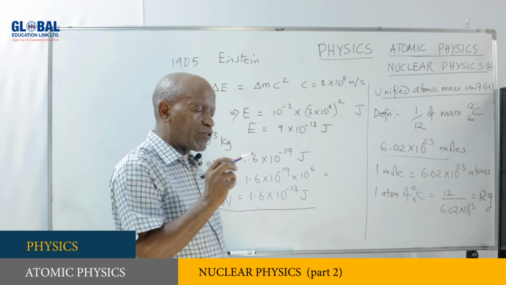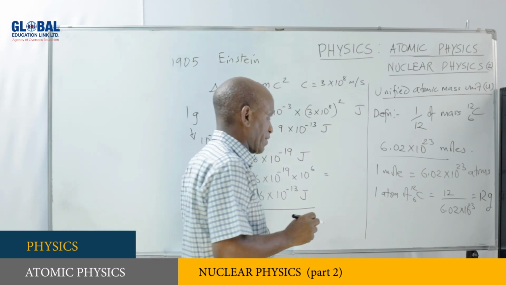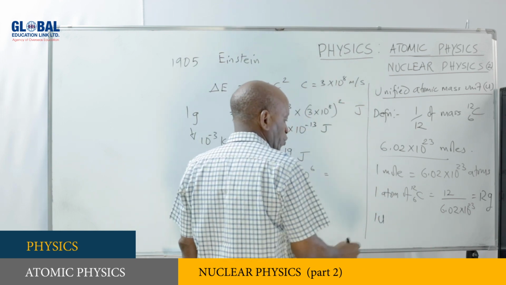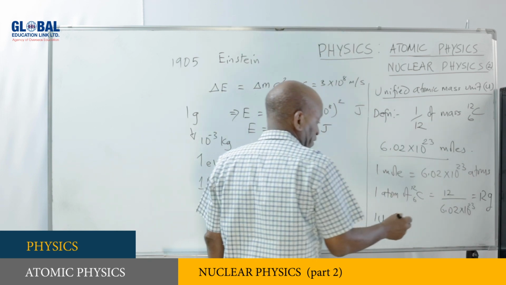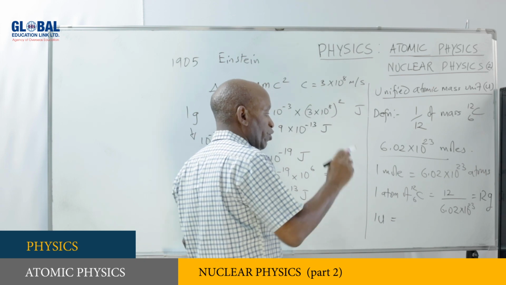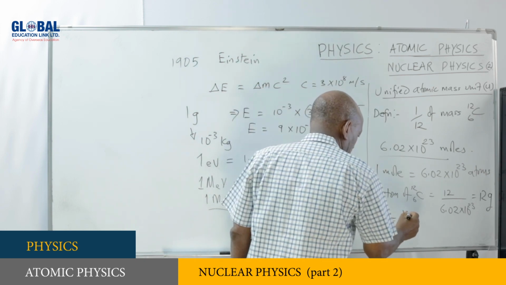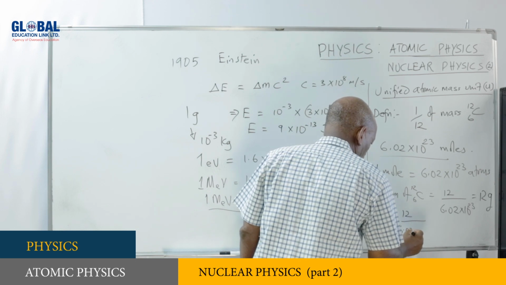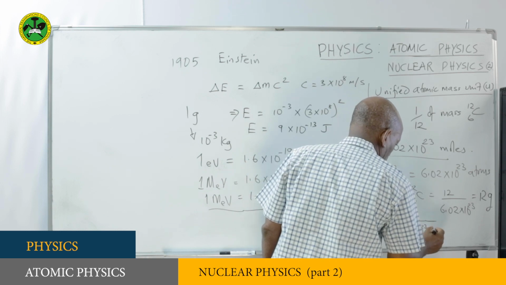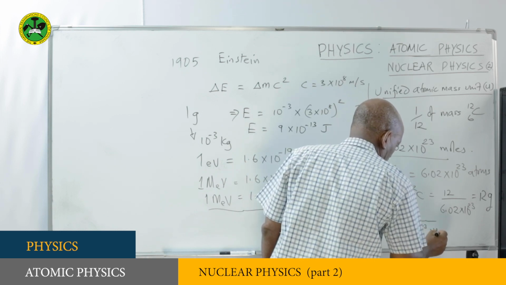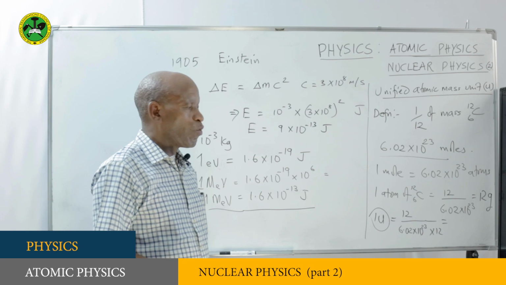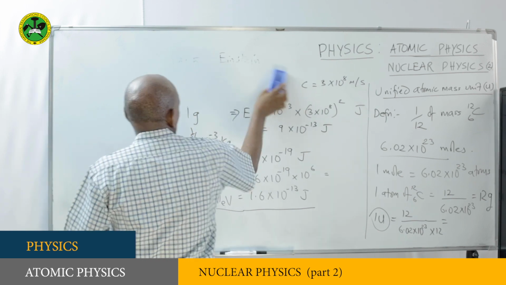And therefore, if I now need to determine a unified atomic mass unit, then I will have to take 1 U, and take this much and divide by 12. I'll be able to get a unified atomic mass unit of carbon. So if I take 12 over 6.02 times 10 power 23, and I divide the whole of this by 12, then I'm just going to get 1 U, or one unified atomic mass unit.